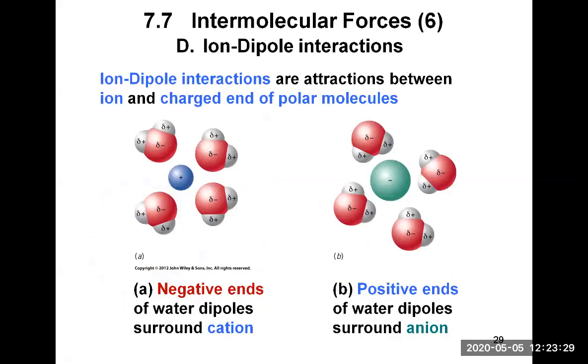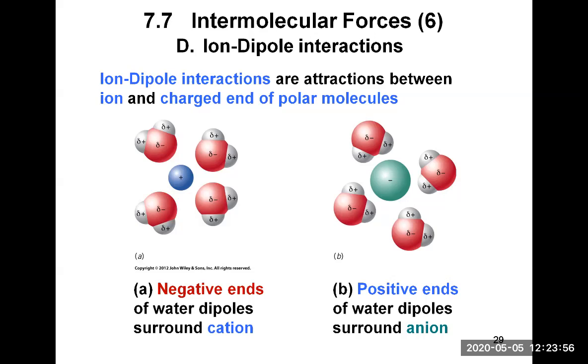The fourth intermolecular force we will encounter is the ion-dipole interactions. But when we are asked to list intermolecular forces between molecules of the same kind, this will not play out, because you need ions and then a molecule that is polar for this to occur, right?